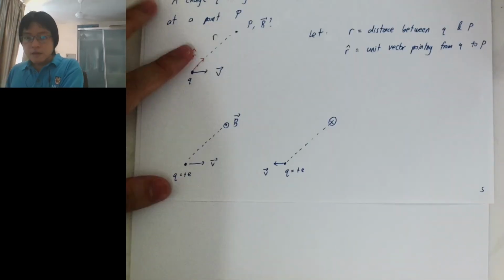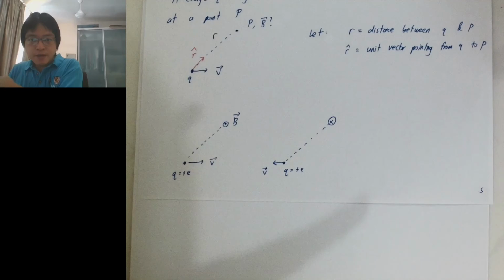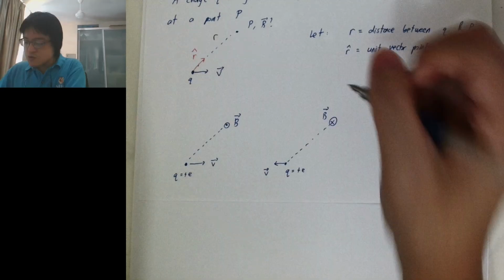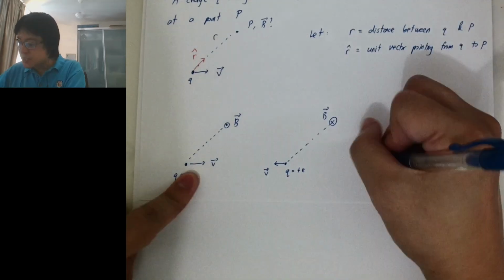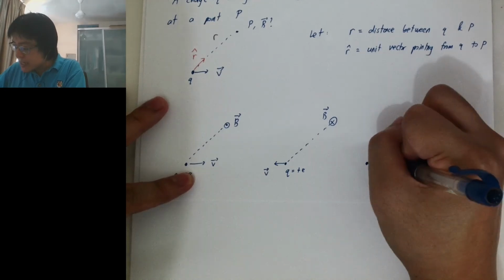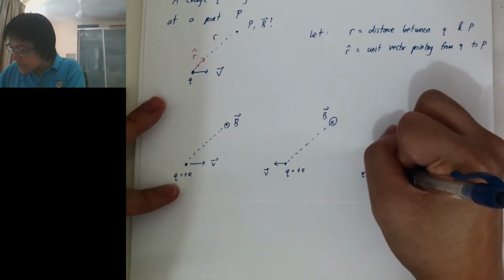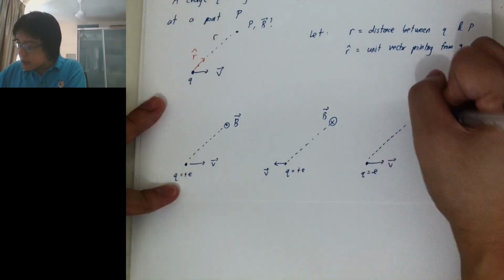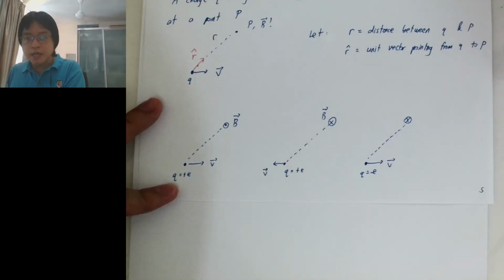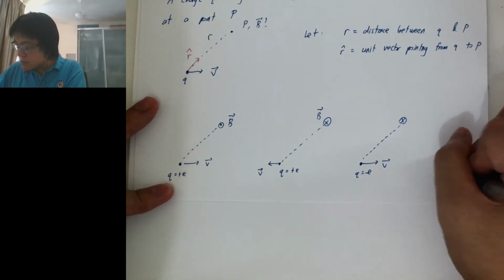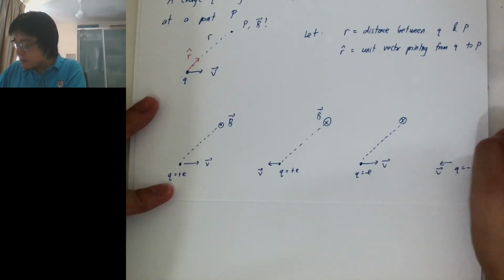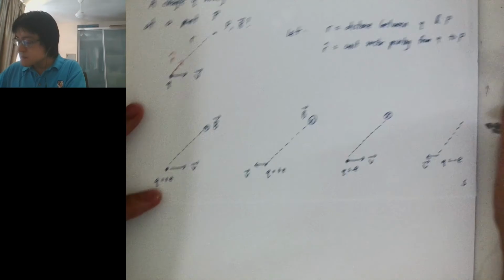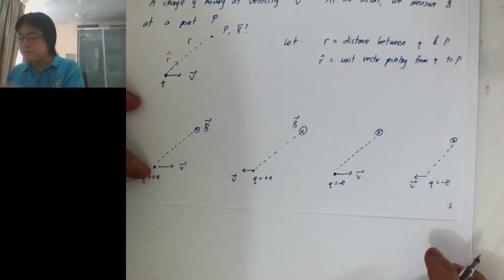And then the result will flip if I swap a positive charge to a negative charge. So now if I have an electron, a negative charge, moving here, then the magnetic field is going into the page. But if I change the direction for the electron, it is going out of the page.